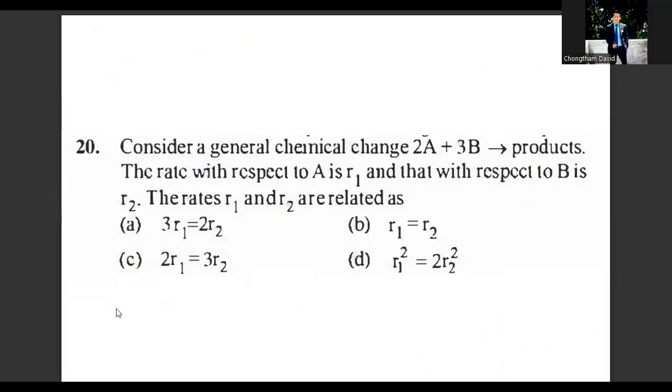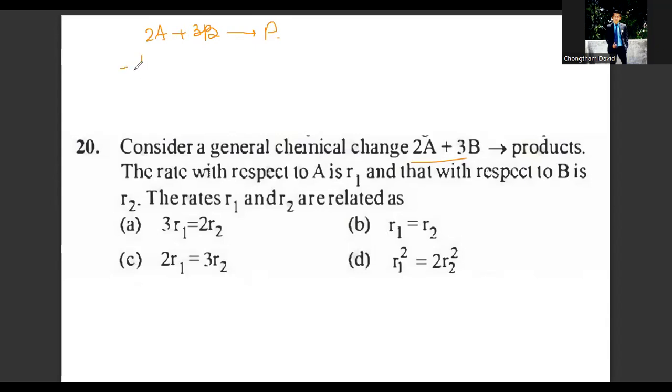Question number 20. Consider a general chemical change from A and B to product. The rate of the reaction with respect to A is R1 and with respect to B is R2, and we need the relation between R1 and R2. Let's write the reaction: 2A plus 3B gives product.